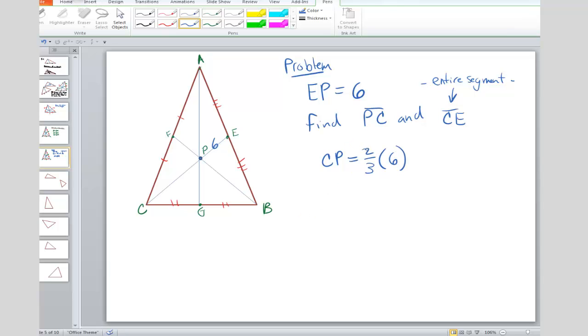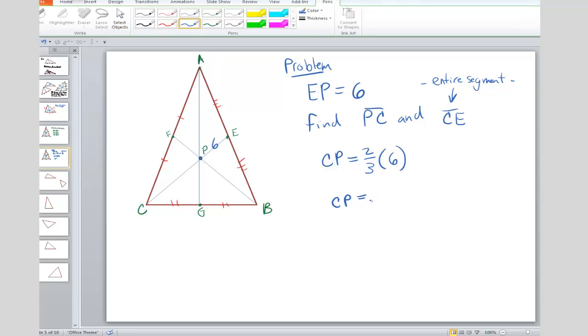Alright, so let's figure this out. CP is equal to that. And we plug the value in, and we end up getting CP equals, let's see, 12, 24?